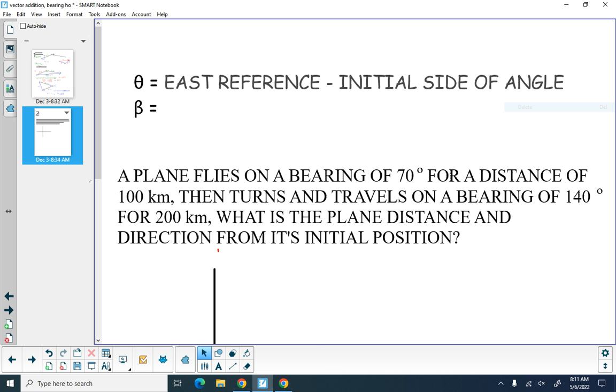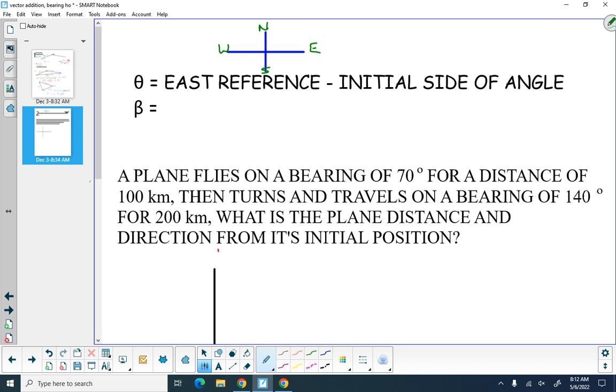We have dealt with theta throughout our entire degree measurements. Theta is what we call an east reference for the initial side of an angle. When I talk about east reference, if we put directions to an axis, we have north, we have south, we have west, and we have east.